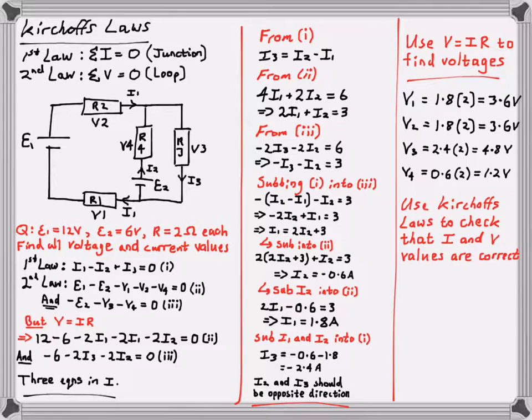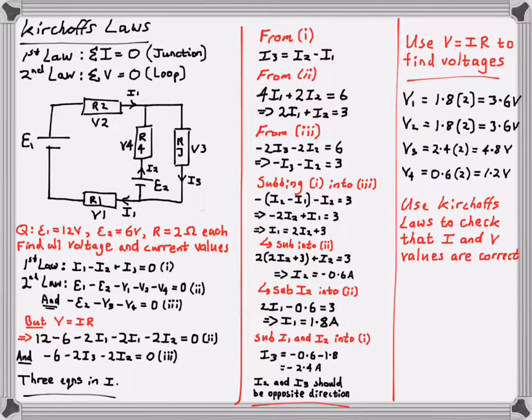So if I come over here and I use the first law, which is that the sum of all currents at a junction should equal 0, I1 is going to be positive, I2 is going to be positive because it's coming towards the junction, and I3 is going to be negative because it's leaving the junction.